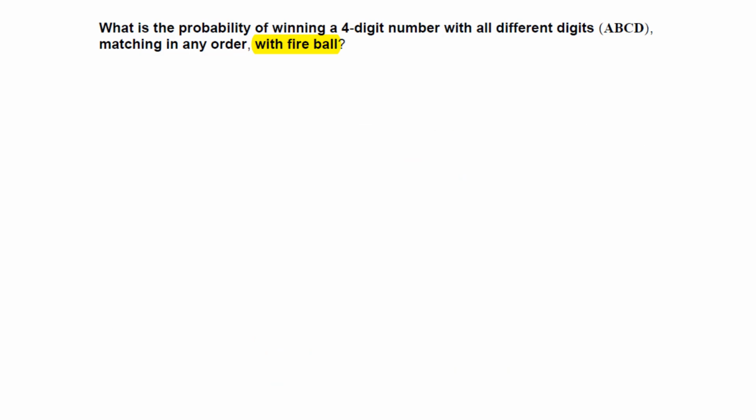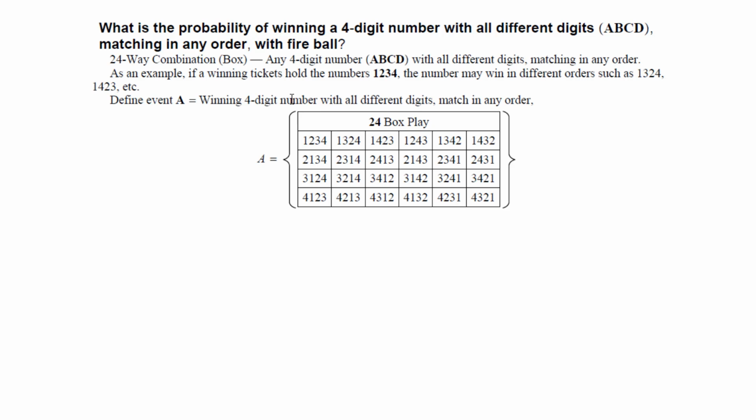Now, what is the probability of winning a 4-digit number with all different digits matching in any order with fireball? We have seen that before. We have seen that the case of a 4-digit number with all different digits played as box is a 24-box play with 24 possibilities here.